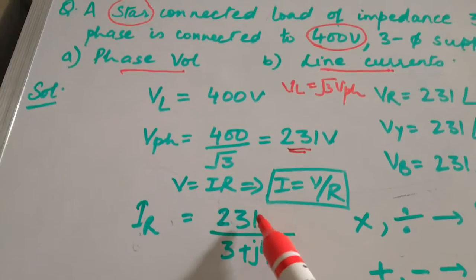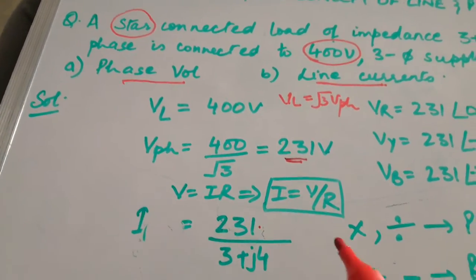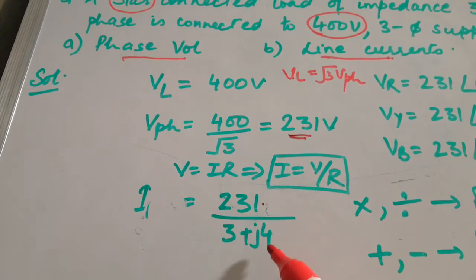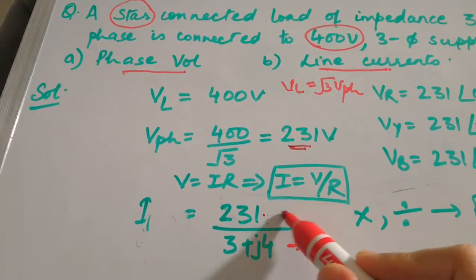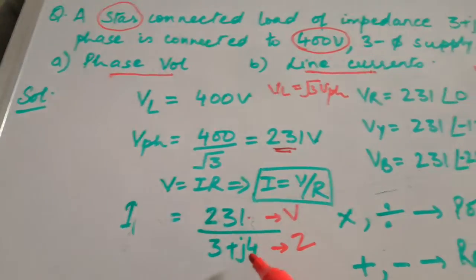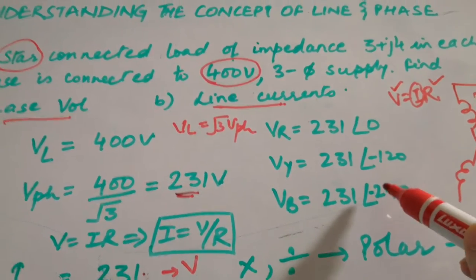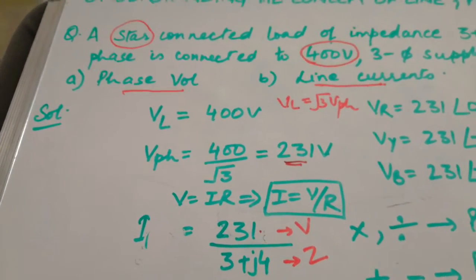By putting in the value of phase voltage and impedance, it is 231 divided by 3 plus j4, where this is your impedance and this is your voltage. After getting the value of this, we only have to add the angles to get the value of the phase currents.